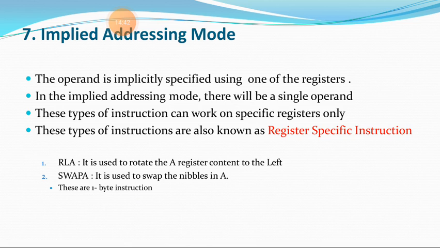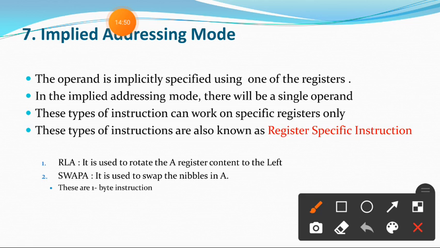Here in this instruction, the operand is implicitly specified as one of the registers. For example, RLA is an example of such an instruction. RLA means rotate the accumulator content to the left. So here A is the accumulator that is implicitly specified in this instruction.